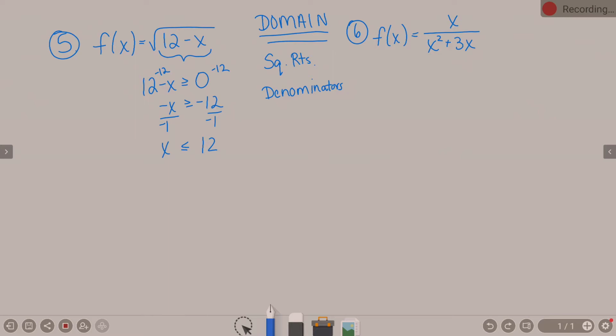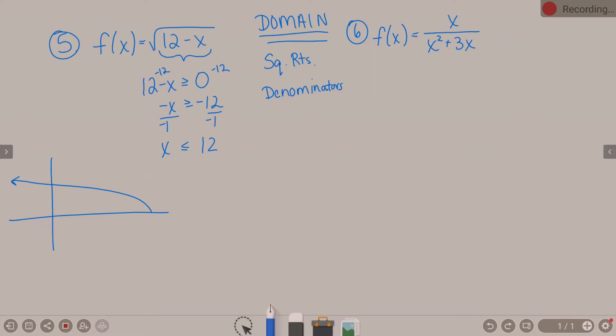Okay? And if I just sketch it up here, you have a graph that looks like it's doing something like that. What graph is this, guys? Combining lessons on you. Is this one of our basic graphs? It's the square root of 12 minus x, but what is one of our basic graphs?